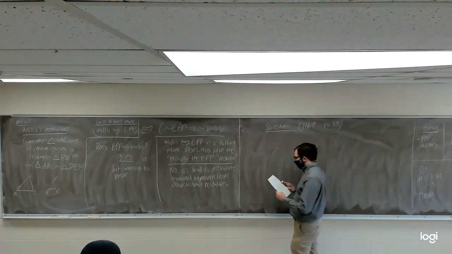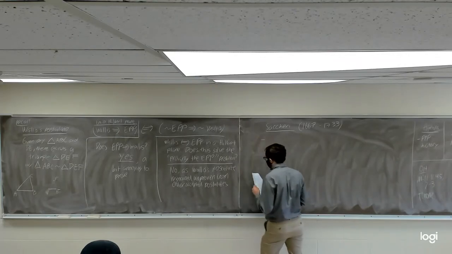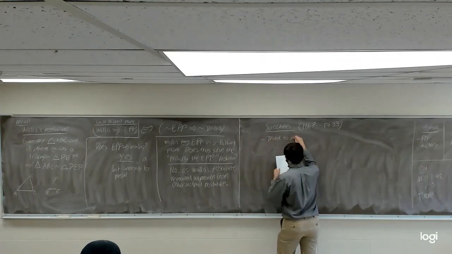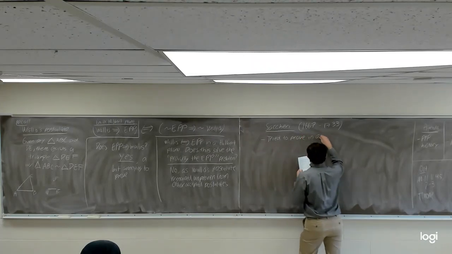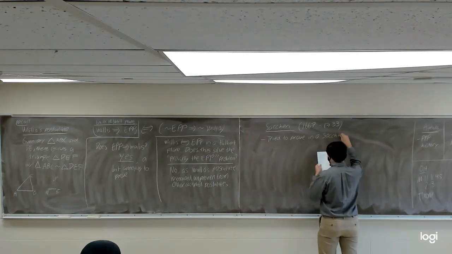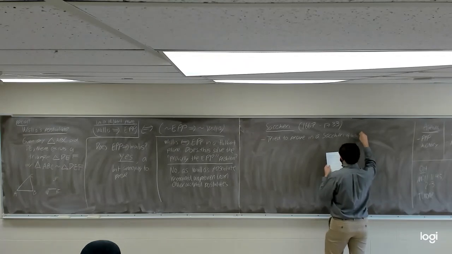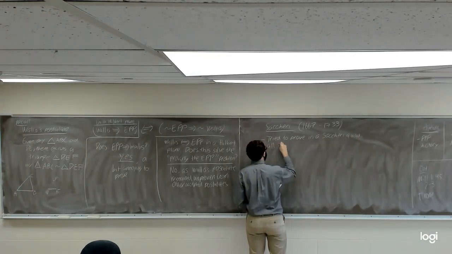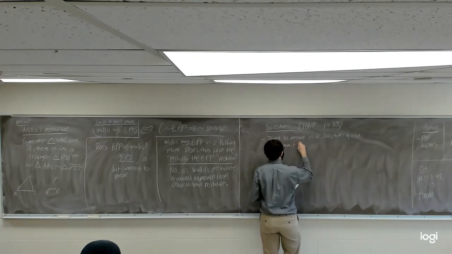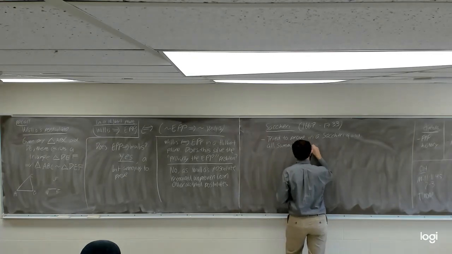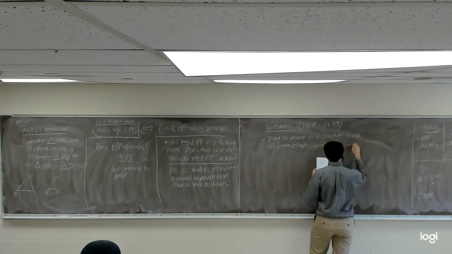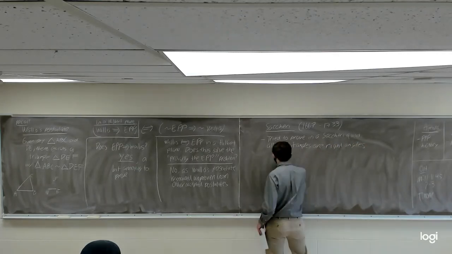But what Saccheri's deal was, is he wanted to try and prove in a Saccheri quadrilateral that all the summit angles are right angles, in an attempt to prove the parallel postulate.